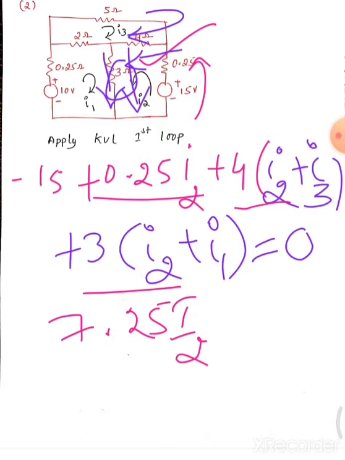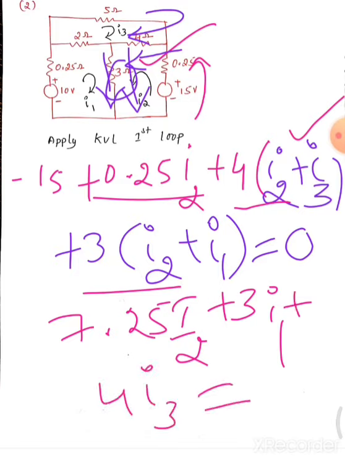And next I1 is plus 3 I1. What about I3? It is plus 4 I3, which is equal to minus 15 sent after the equal sign, so it is equal to 15. This is your second equation.